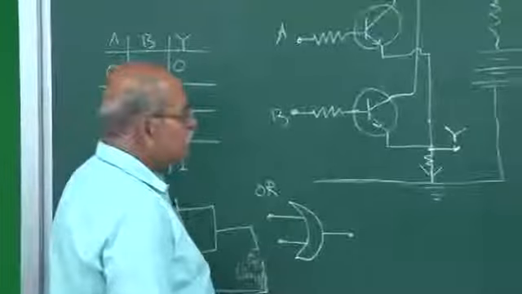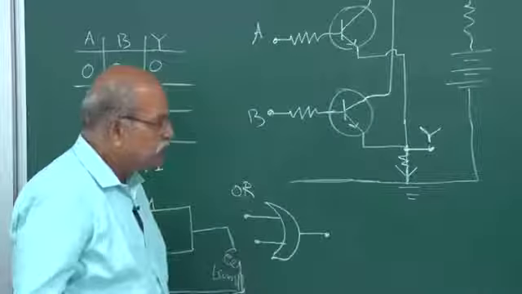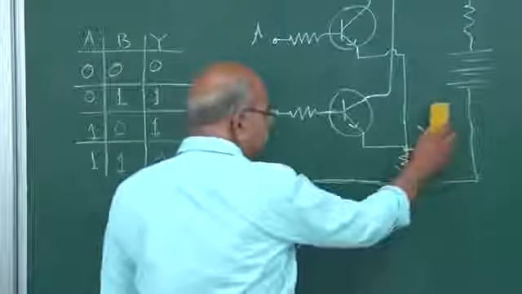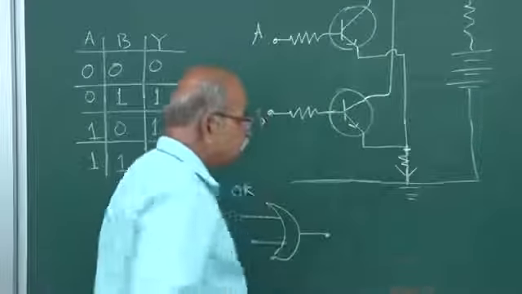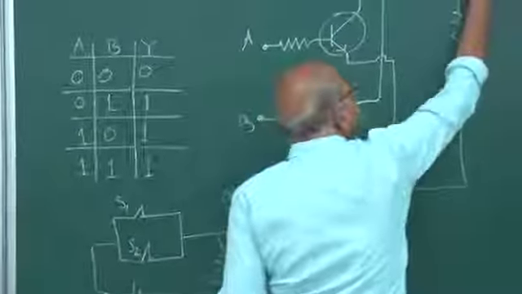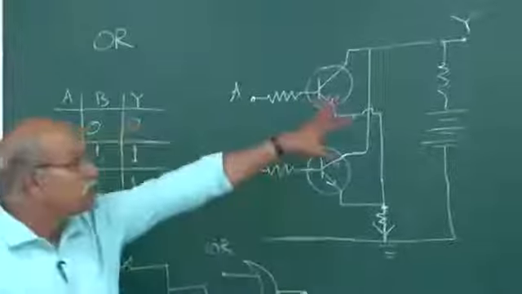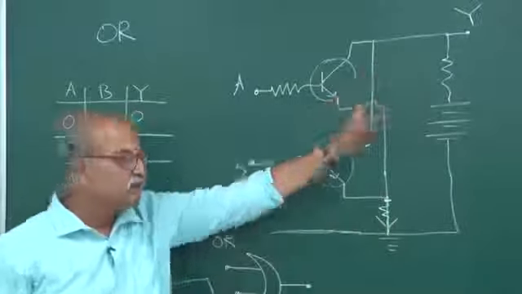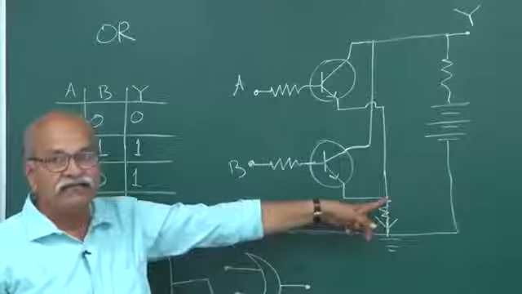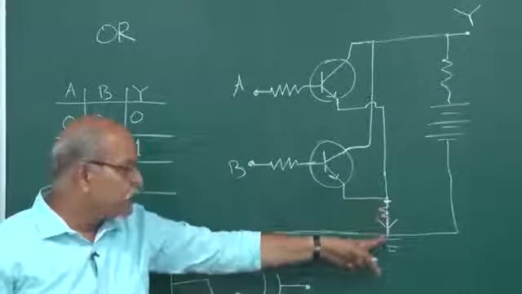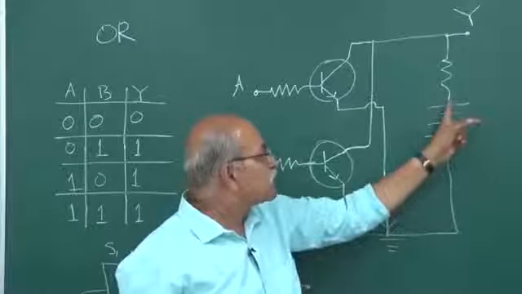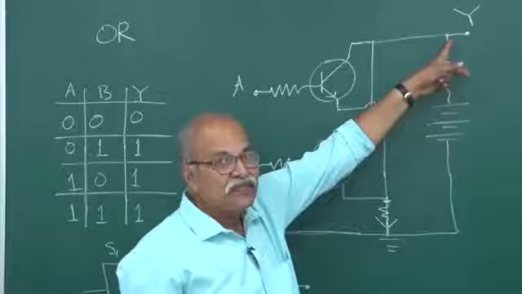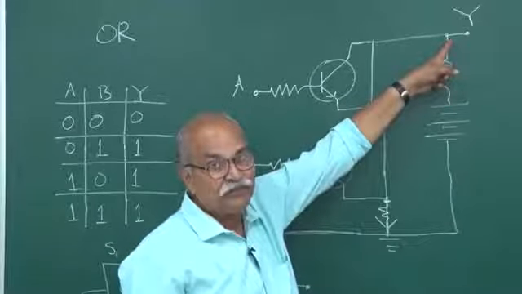Now in the same circuit, if you take the output not from here but from here, if this is Y, what happens? Just the opposite of it. Whenever there is a current, this potential is high, but since the current is this way, this potential is low.